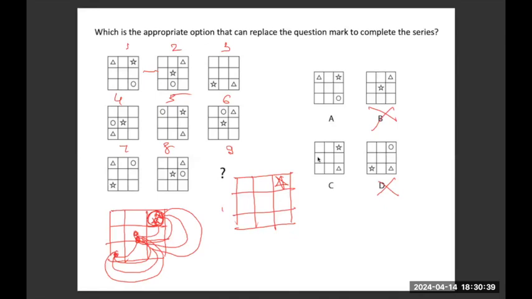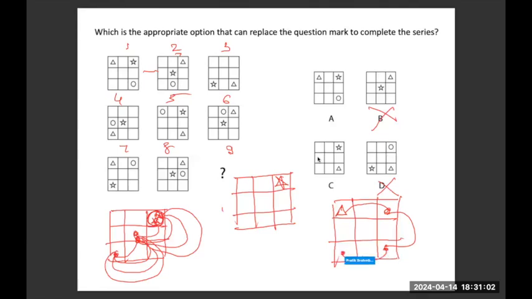Now, I will look at the triangle position. Like I have mapped the path of the star, I will also map the path of the triangle. So triangle starts here. From the first figure, it comes here in the second figure. From the second figure, it comes here in the third figure. From the third figure, it comes here in the fourth figure.